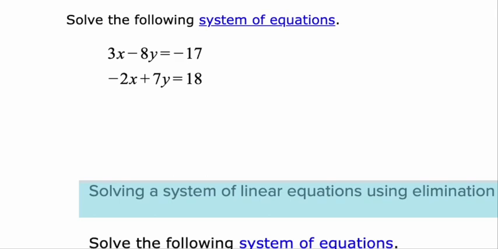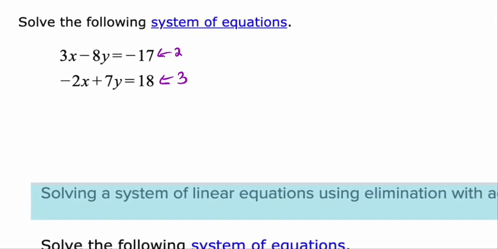Okay, so all I'm going to do is multiply all of this equation times 2 and all of this equation times 3, so that you kind of flip-flop it. Okay, so let me show you the top equation, what I get. In the top equation, I get 6x minus 16y equals negative 34. And now I'm going to multiply the bottom equation by 3.